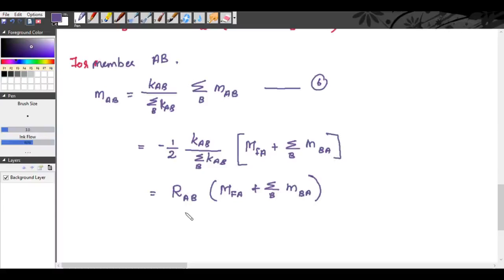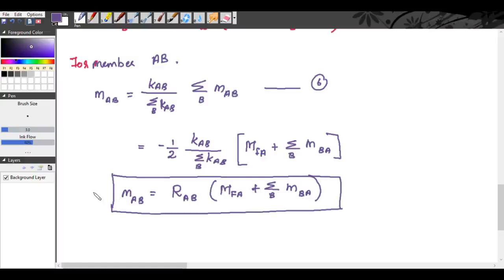This is important while solving problems using Kani's method. This RAB is called the rotation factor.